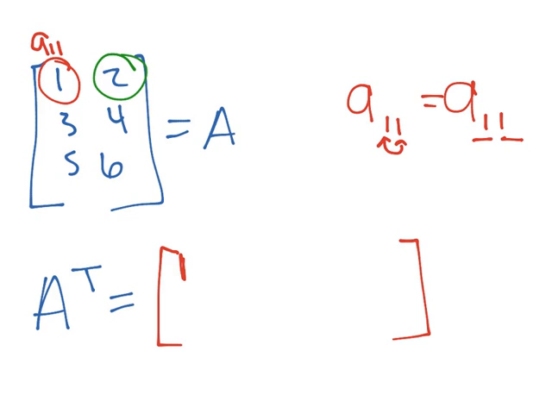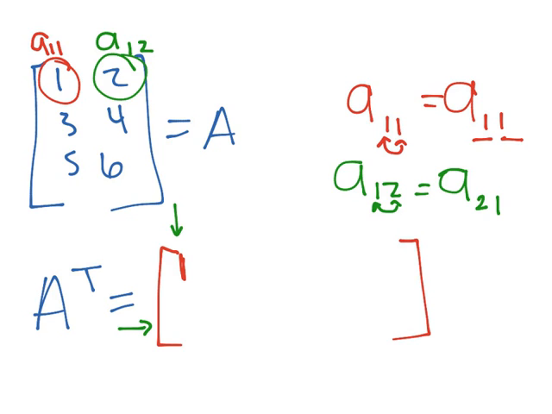The 2 is found in the first row, second column of A. Getting the transpose, we flip the subscript, so it will now be found in the second row, first column. So the 2 is now underneath the 1 instead of next to it.